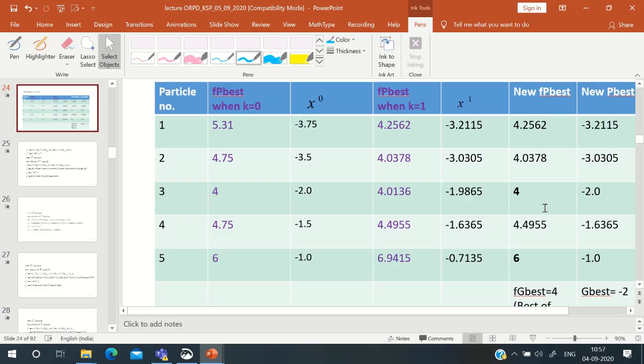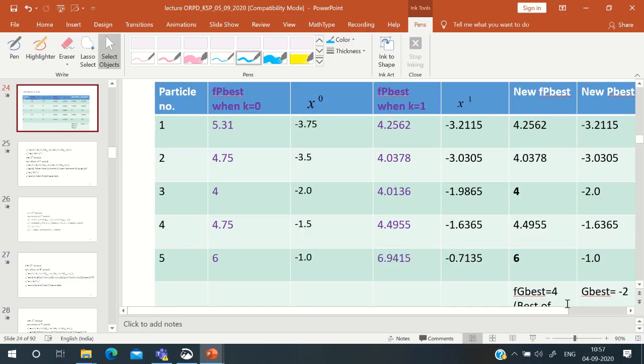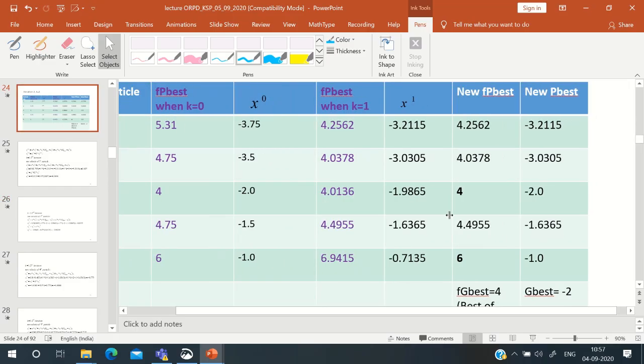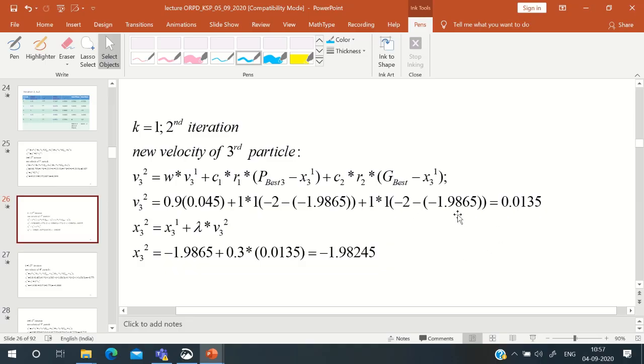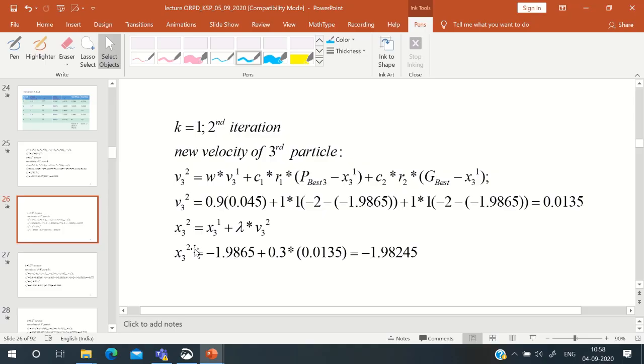Current position of the third particle is -1.98. See the difference, right? Plus C2 R2 1, G-best is -2. Okay, minus current position of the third particle, it is -1.98. So you obtain this value, and ultimately you can obtain the x3 2.